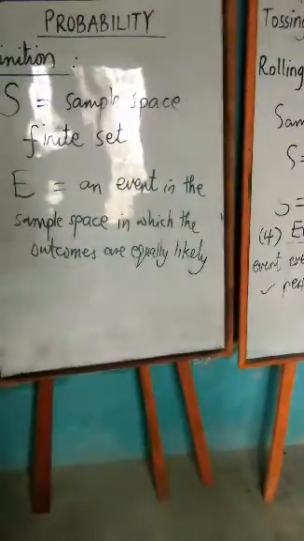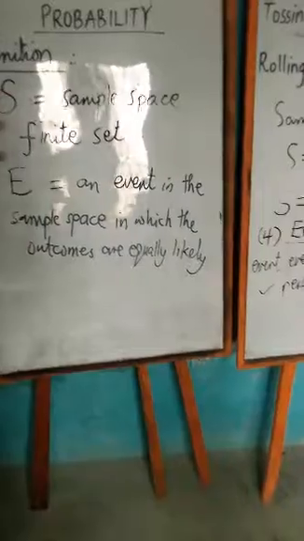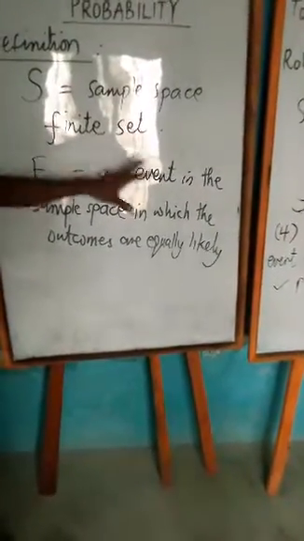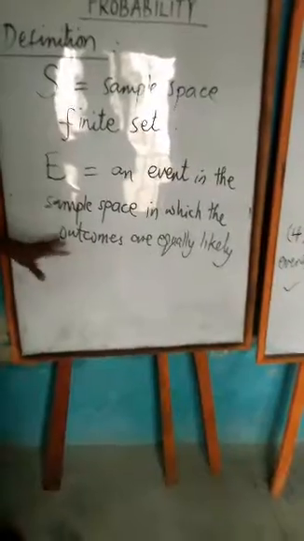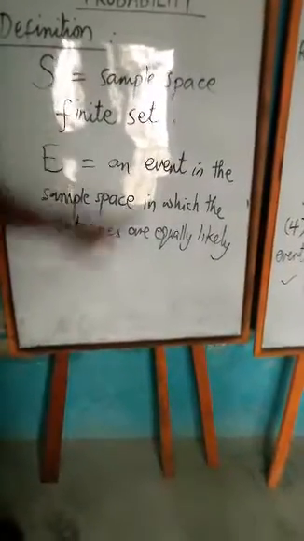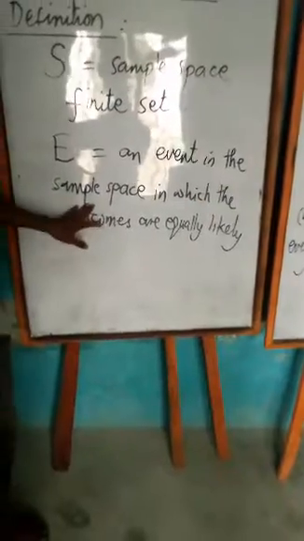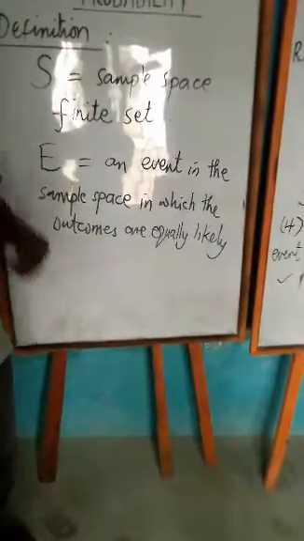Okay, so these two conditions are very important. S is a finite sample space, and E is an event in the sample space in which the outcomes are equally likely.